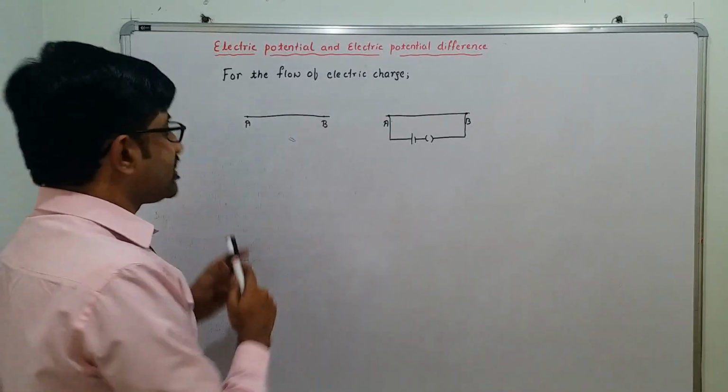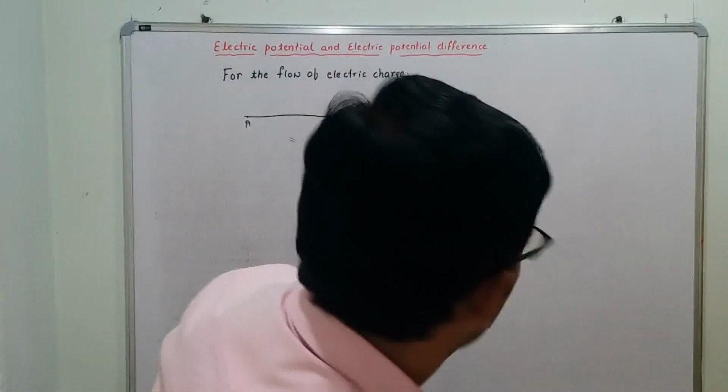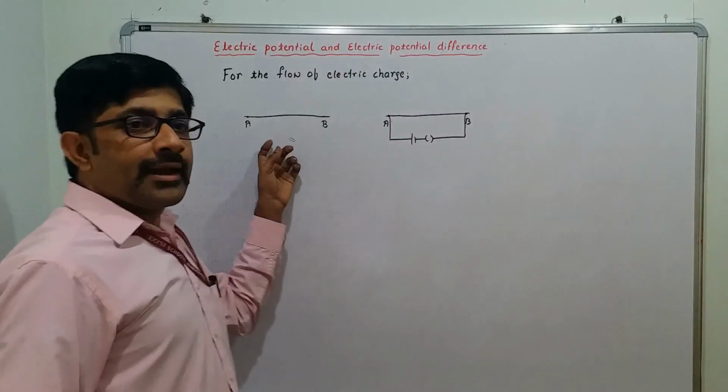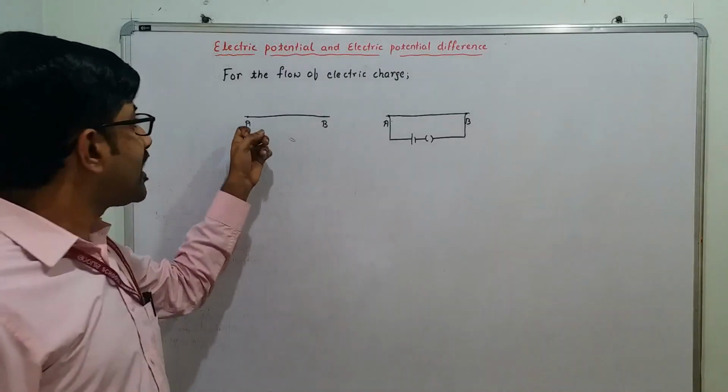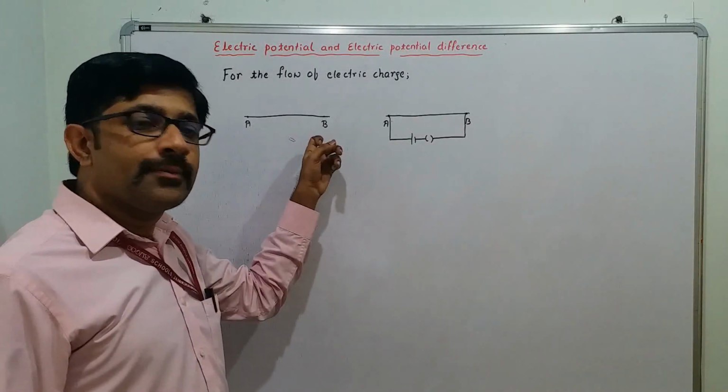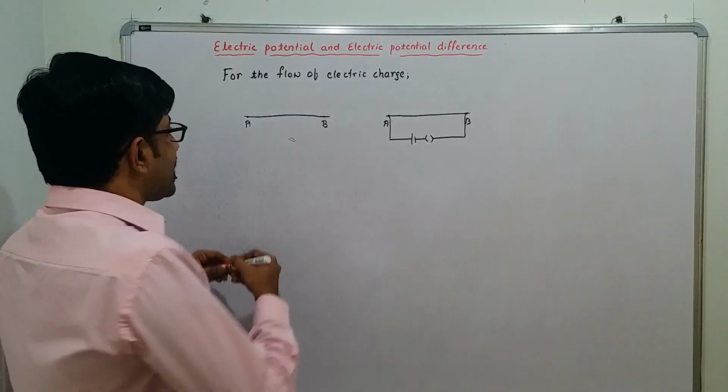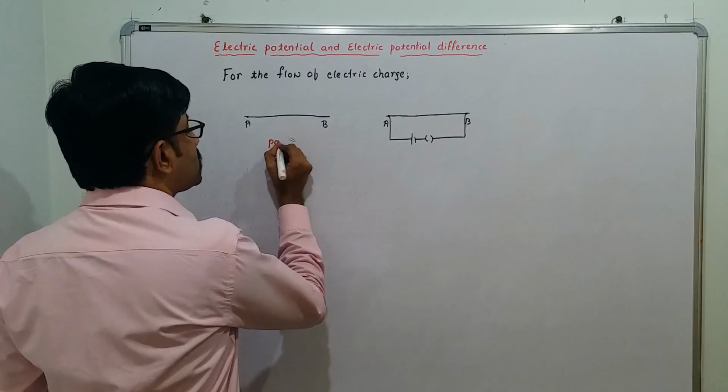In the first case, the wire AB definitely has potentials at point A and point B. Now it has its own potential.